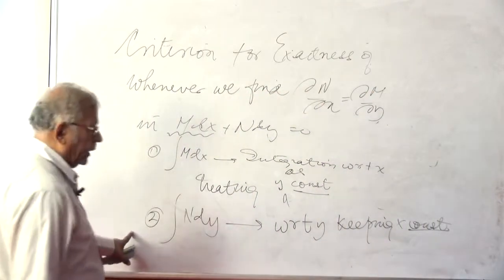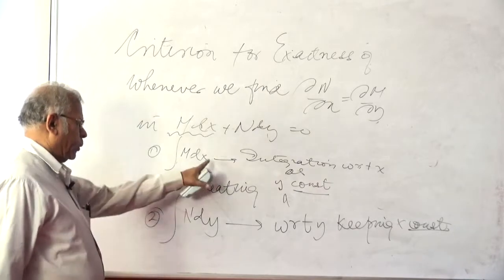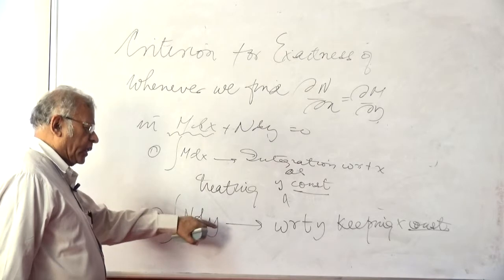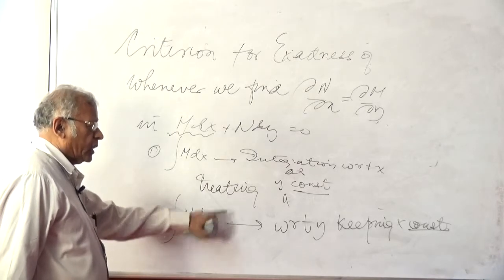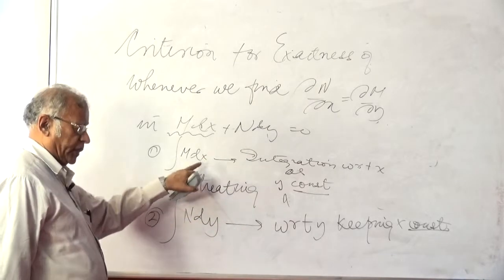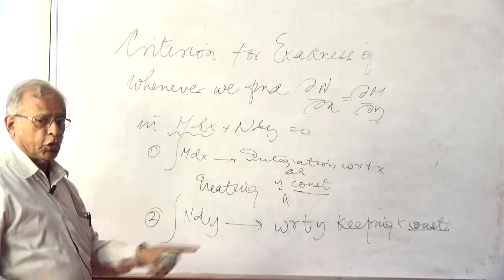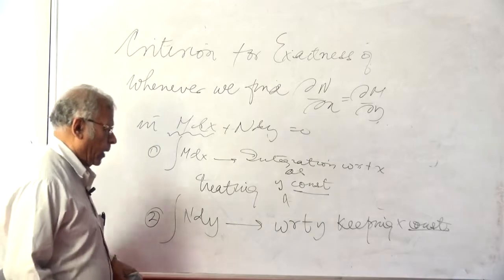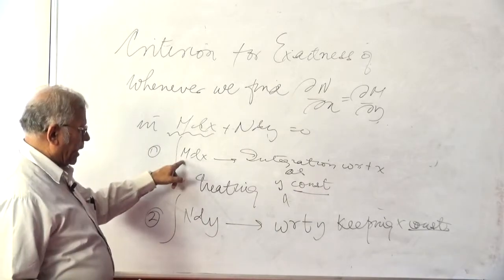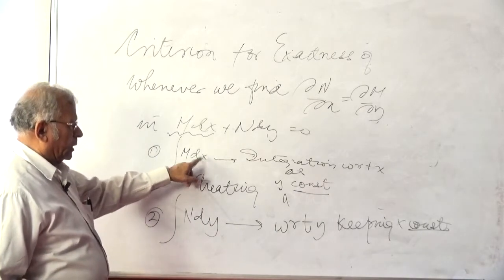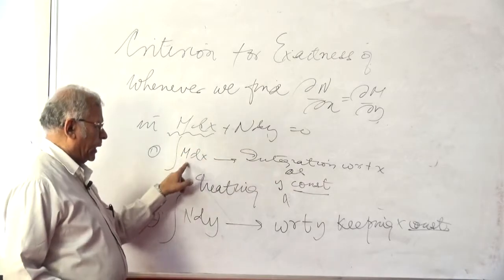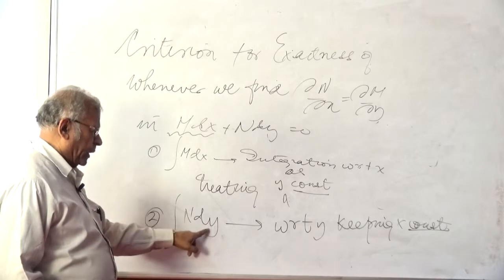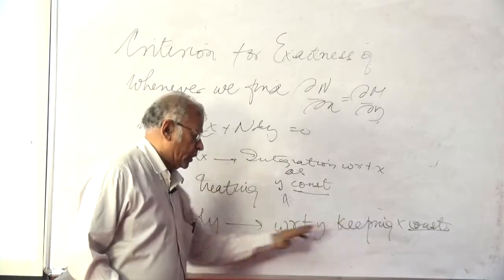And the third thing to keep in mind is, in these two integrations, especially in the second, if there is any term which emerges that has come here in the first integration, that has to be ignored. So there is no double count allowed. Once again, integrate M with respect to x, treating all y's contained inside M as constant. Integrate N with respect to y, keeping all the x terms constant.